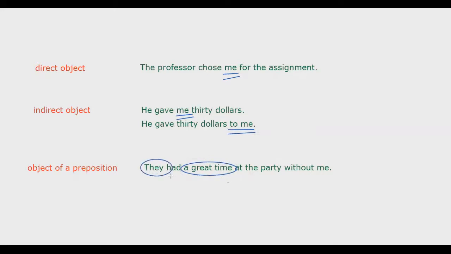And they is the subject, but in without me, me is the object of a preposition, and it's not the indirect object. After prepositions, you must always use the objective case. Here the preposition is without, so whatever follows has to be in the objective case: without me.